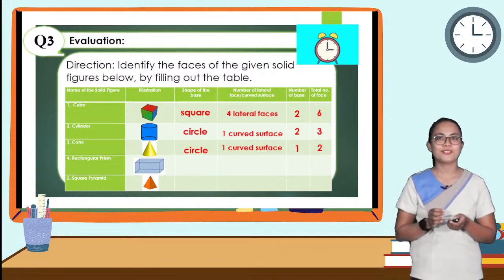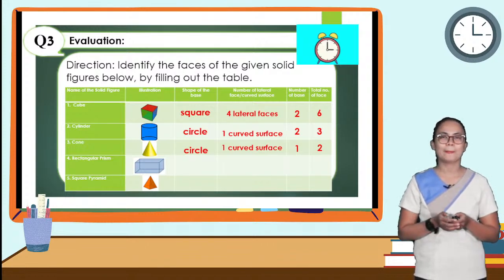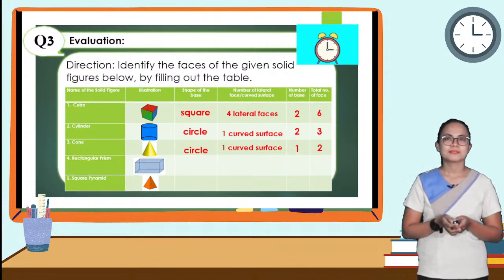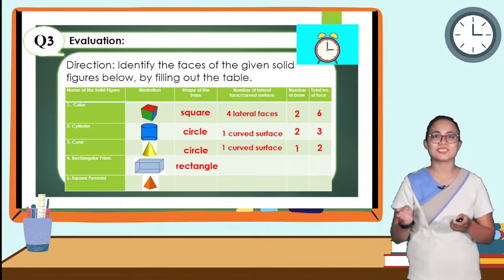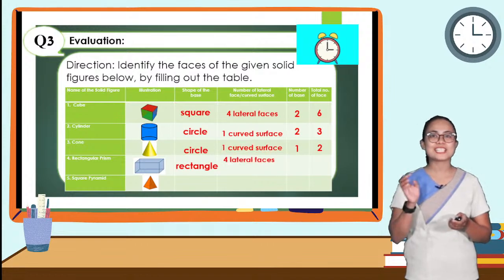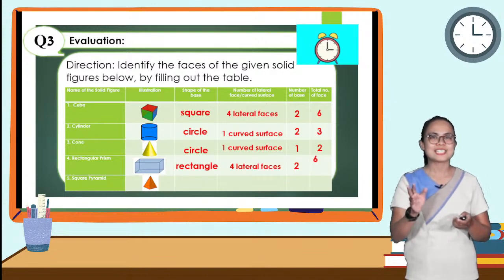Let's have number 4. Your time starts now. Great. We have rectangle. The shape of the base is rectangle, and it has 4 lateral faces, 2 bases, a total number of 6 faces.